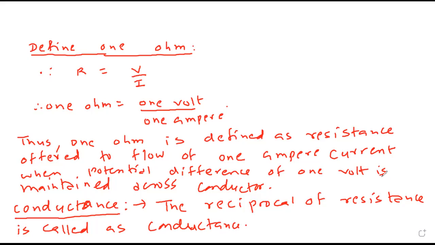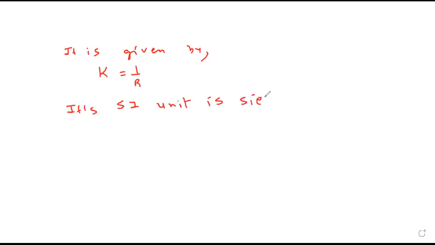Done. It is given by K equal to 1 upon R. Its SI unit is Siemens or mho or ohm raised to minus 1 or inverted omega or omega raised to minus 1.